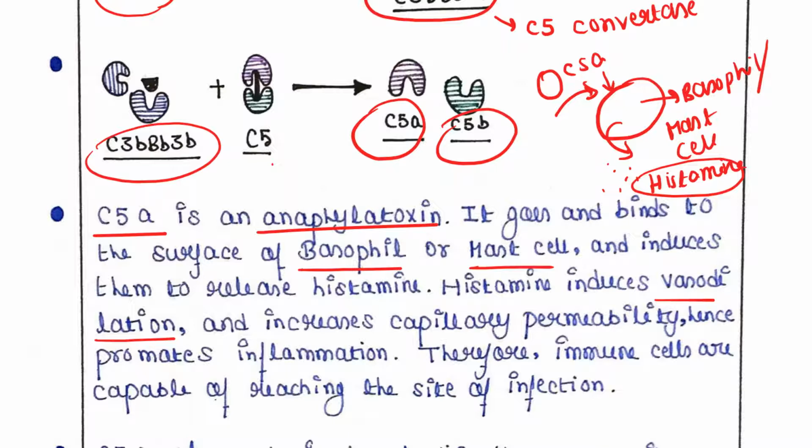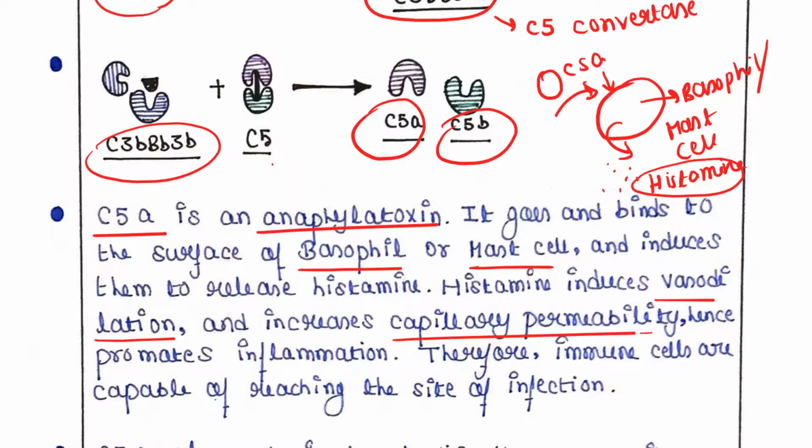Histamine also increases capillary permeability. That means blood capillaries are now permeable. They permit some immune cells to cross the blood capillary and enter the site of infection.